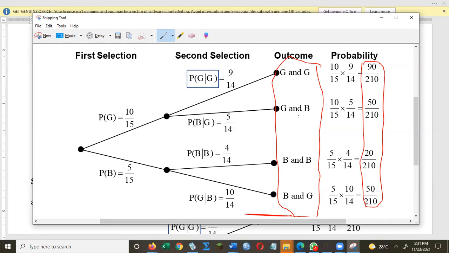Is there 1 green card here? Yes, here it is, 1 green card. 50 over 210. But is that the only way to get 1 green card?